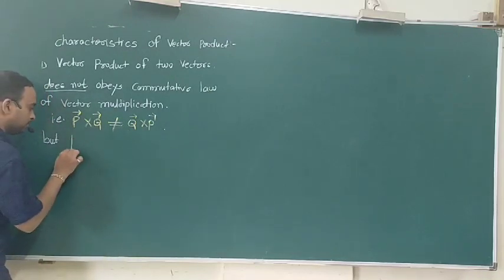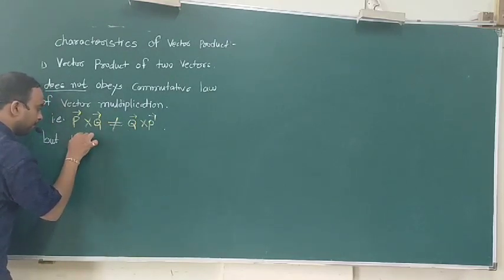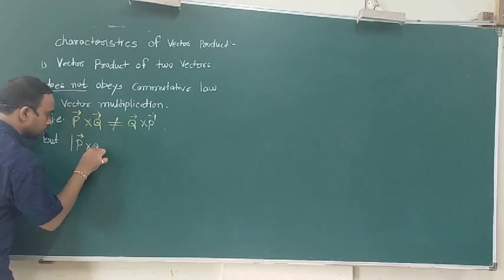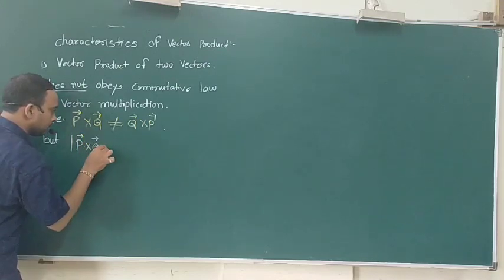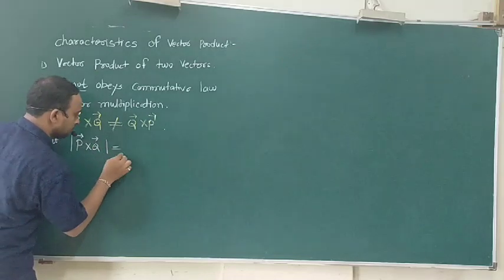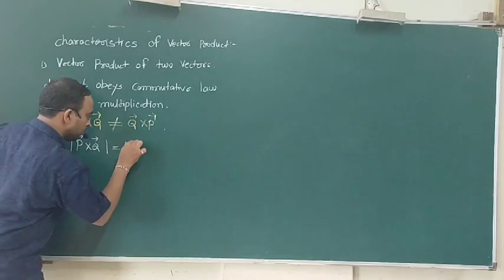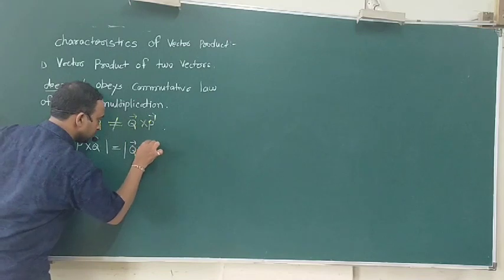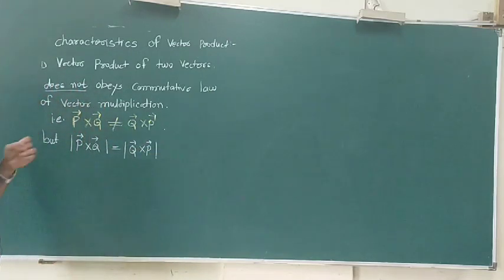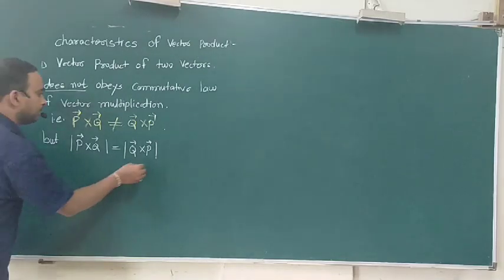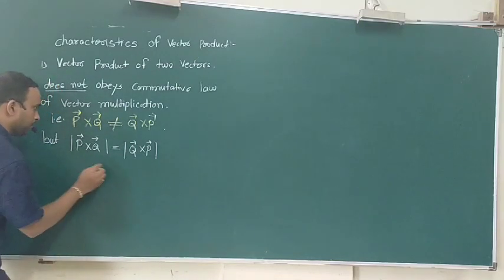So mod of p bar cross q bar is equal to mod of q bar cross p bar, but here the directions are opposite.